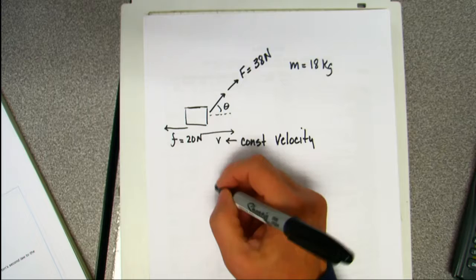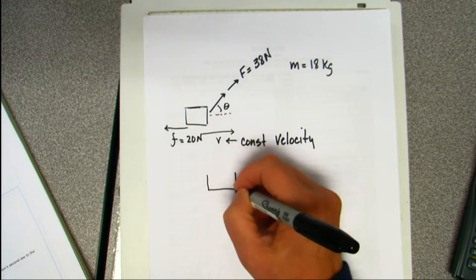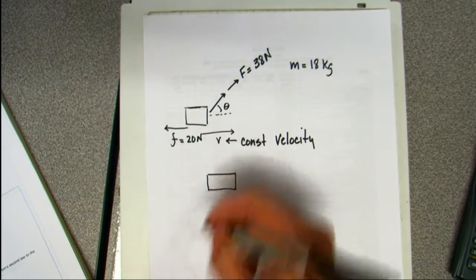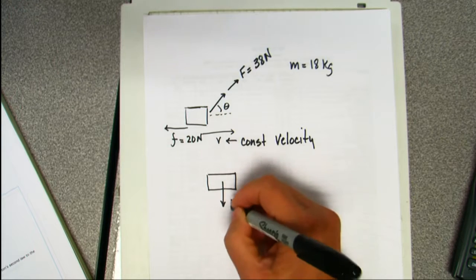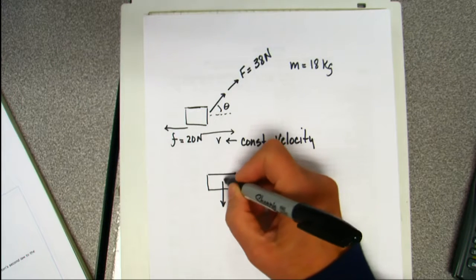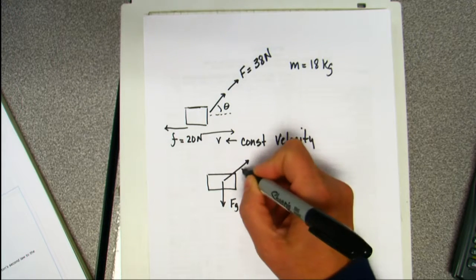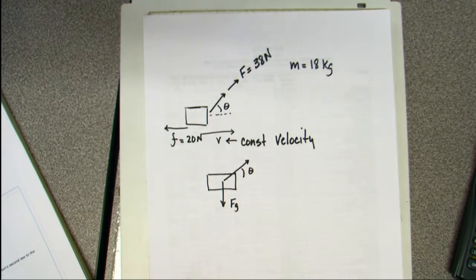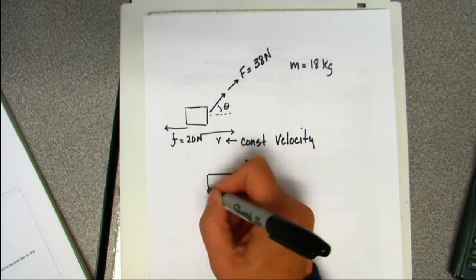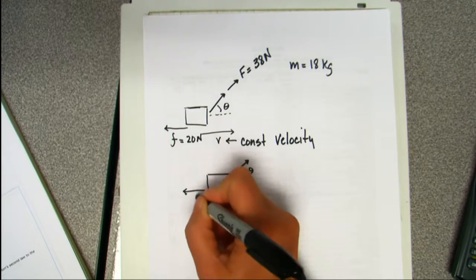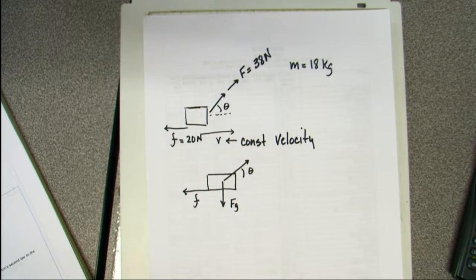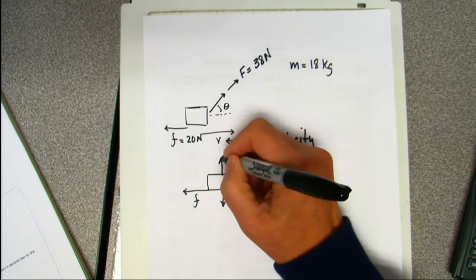So if I draw my diagram here, I've got the force due to gravity. I have the force that's being applied at an angle. I have the force due to friction, and I have a normal force.